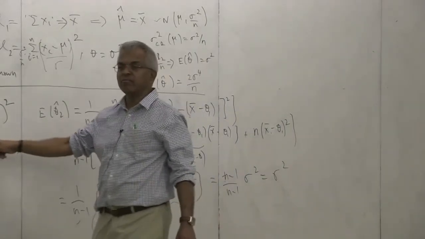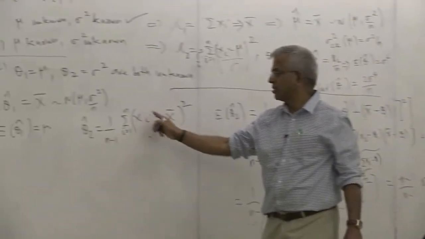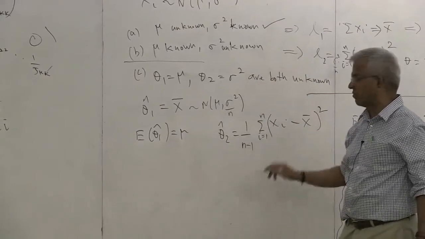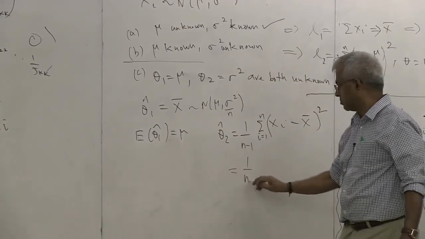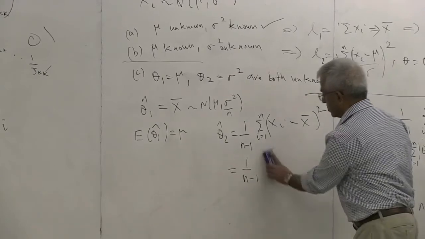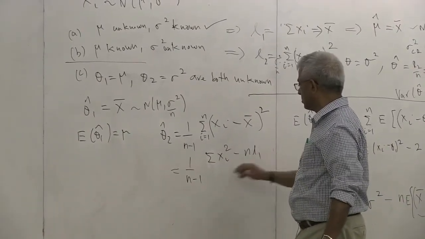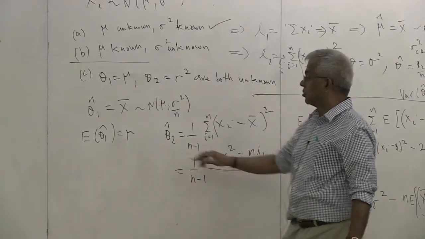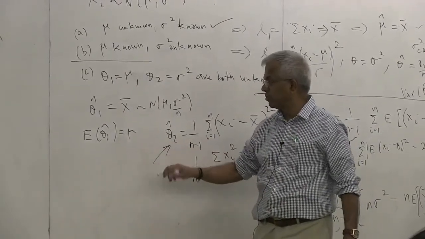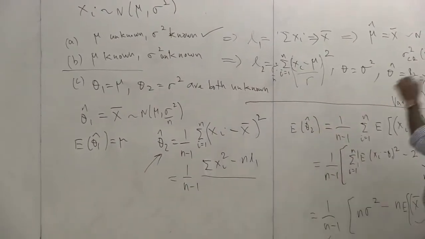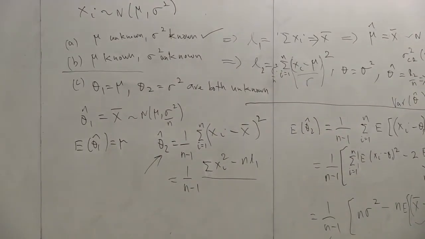And this is in fact UMVU, because if you expand, I can write this in terms of L1 and L2, the sufficient statistics. Sigma xi squared minus, I think, so this is L2. So this estimator is in fact UMVU. But the question is, let's also find out the Cramer Rao bound, okay?